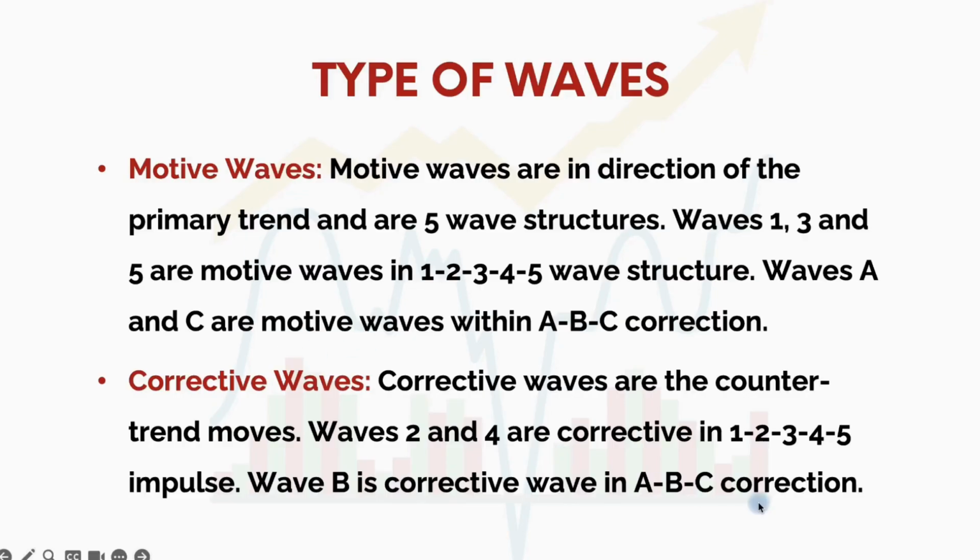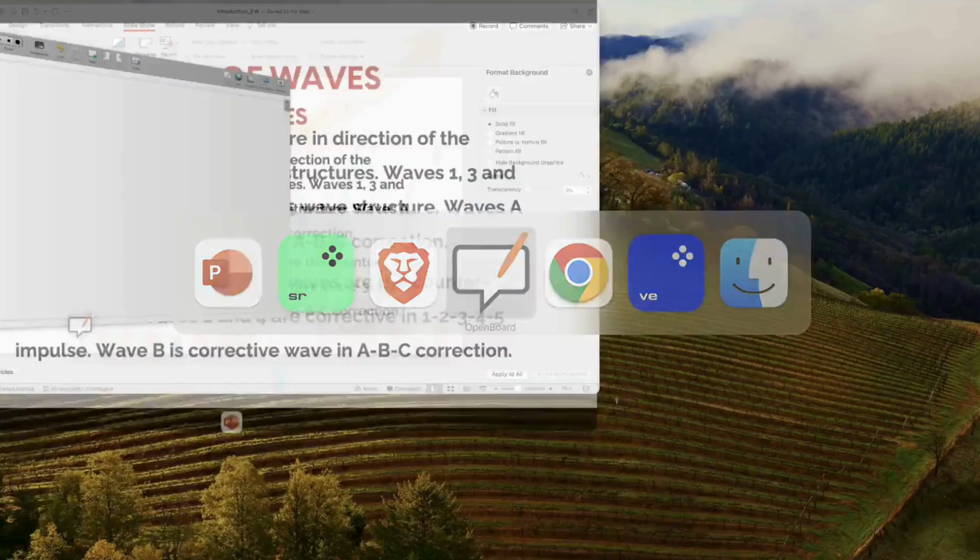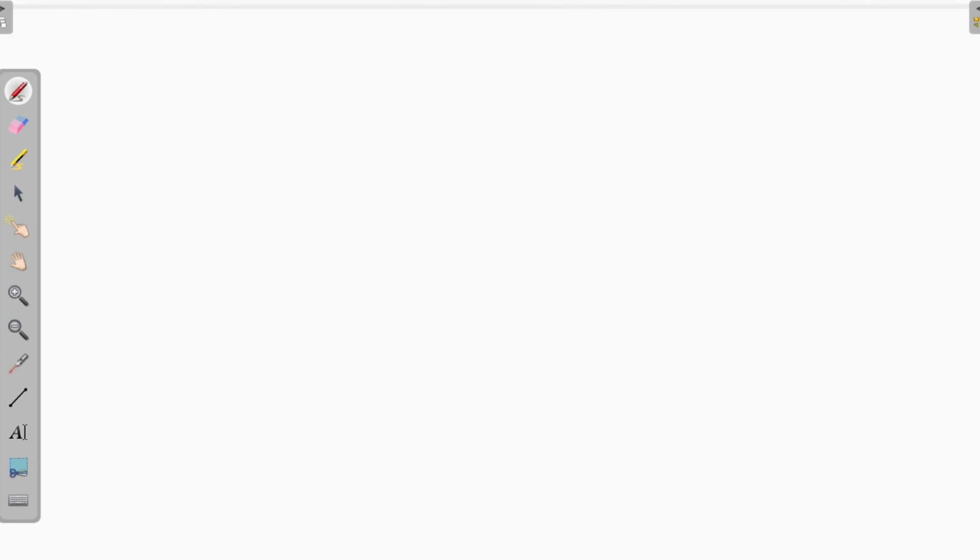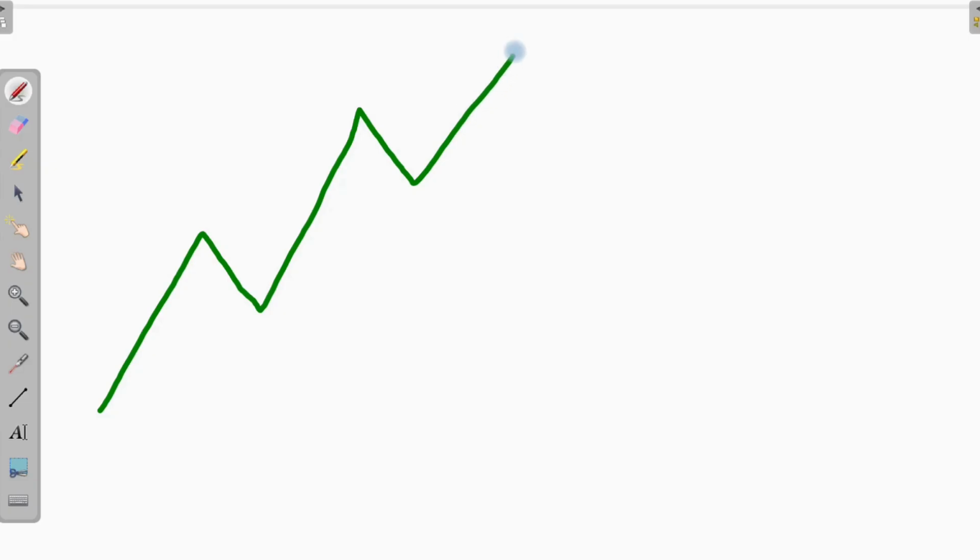Let me go to the drawing board so we can understand it more clearly. So let's say the primary trend is on the upside, right? So in that case, we get a move like this, where this is wave 1, this is wave 2, this is wave 3, this is wave 4, and this is wave 5.